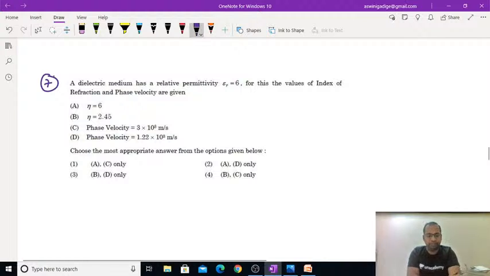Please let me know that my audio and video, both of these, are clear. Audio and video, both are fine.